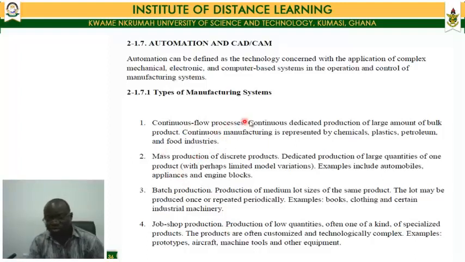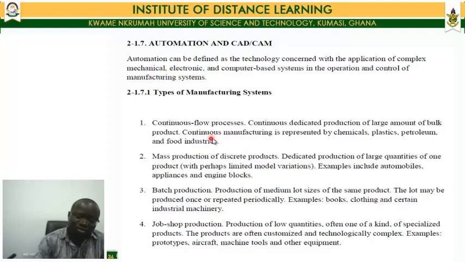For a continuous flow process, you have basically continuous dedication of production of a large amount of material. For instance, you can take a lot of food industries like beverage industries, Coca-Cola, malts, and all that.